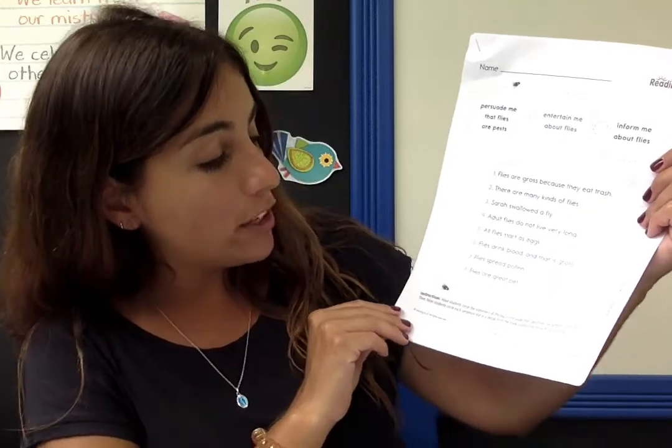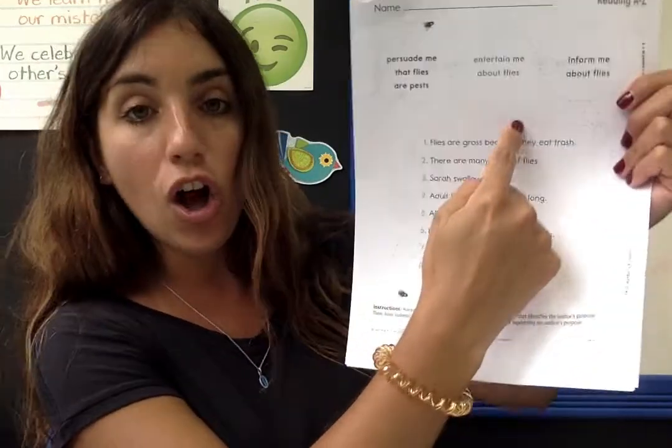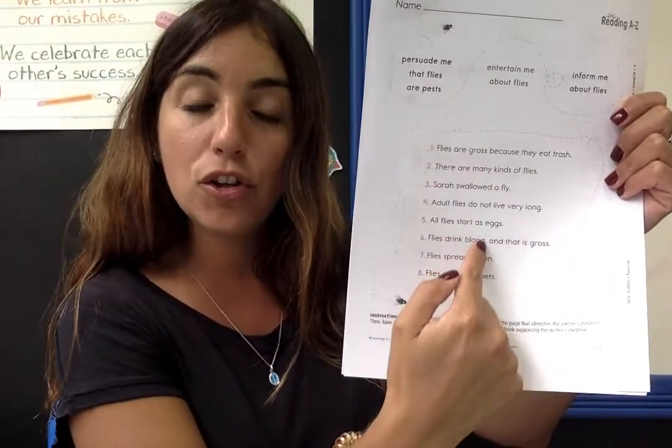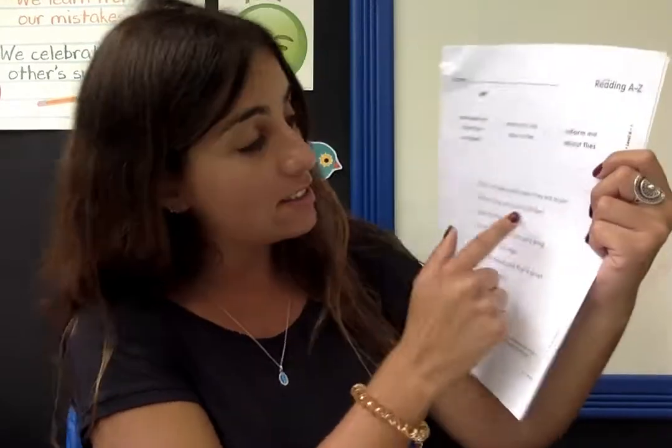Next, you're going to circle all of the things here that you think are happening in the book. So first you decide what is happening, and then all of these sentences here are related to the book. So you're going to circle which ones go with what you decided.